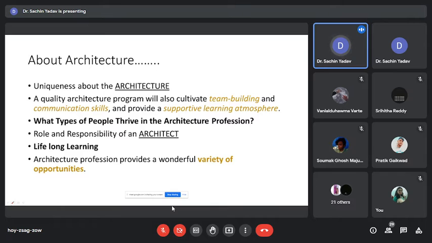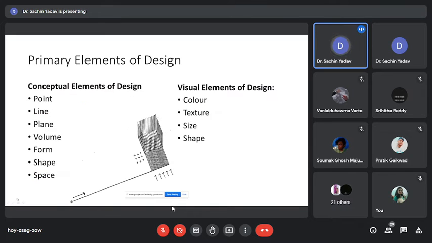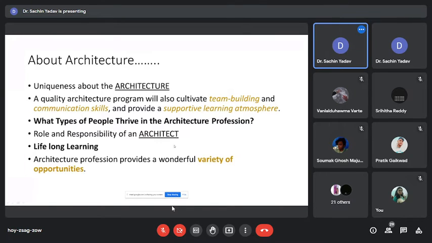So the role and responsibility of an architect: they are like master craftspeople capable of designing different kinds of projects, private dwellings, government projects, commercial property.